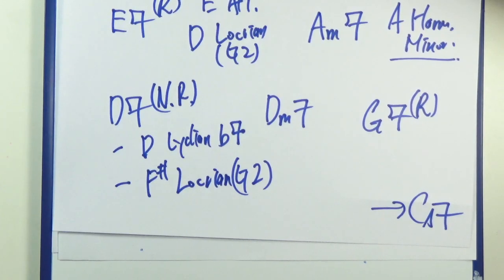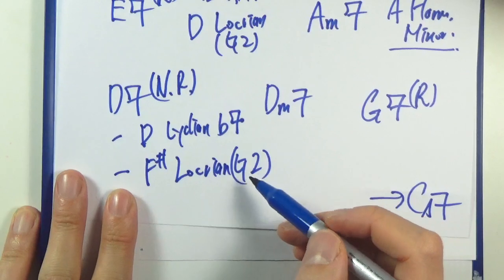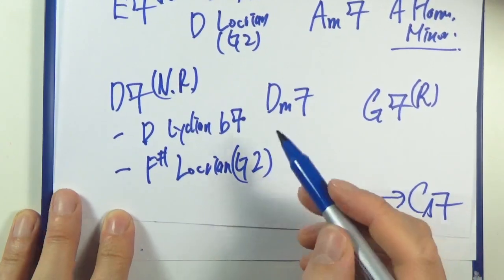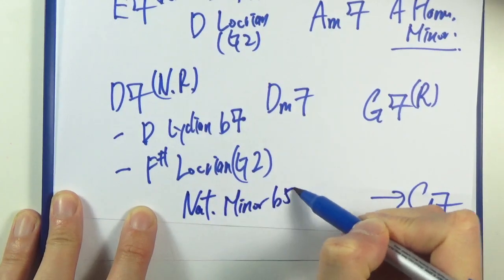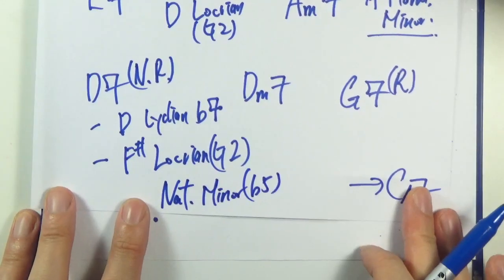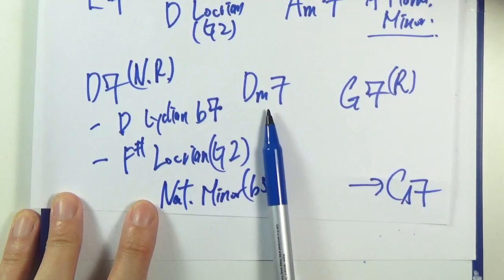It's because we want some variety in our soloing. We want more tools. So if you have 2 choices, it's definitely better than 1, right? It's really good for scale runs because, again, Locrian natural 2 is actually just a natural minor with a flat 5, right? All right, D minor 7 chord.